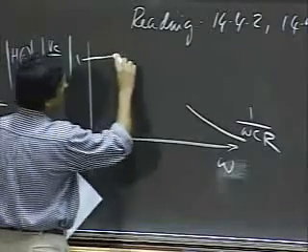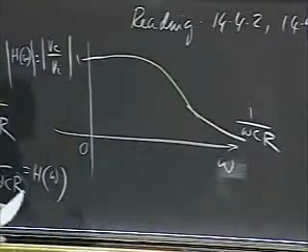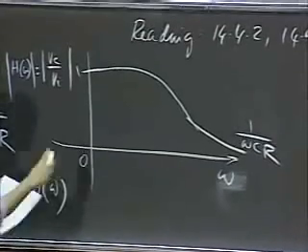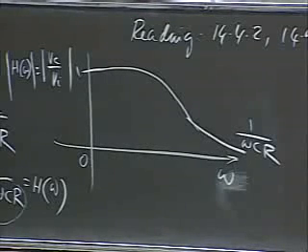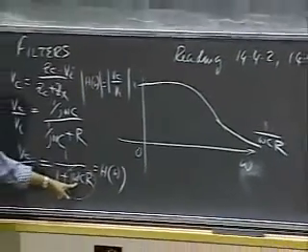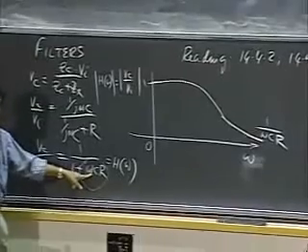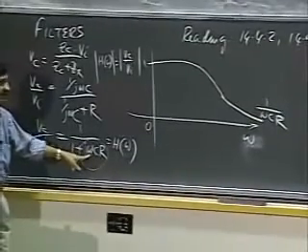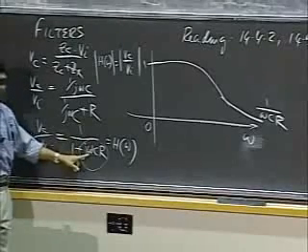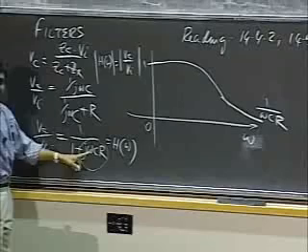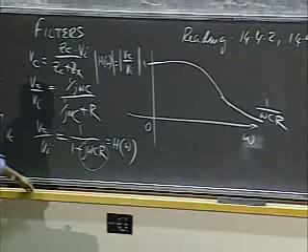So I know the value for small omega, and it looks like this for very large omega. If you plot it out, this is how it is going to look. Let's stare at this form for a little while longer and plot some properties of it. First of all, you notice something else. When omega CR equals 1, in other words, when omega equals 1 by RC, the output is given by 1 plus j, and the absolute value of that is simply 1 divided by the square root of 2.